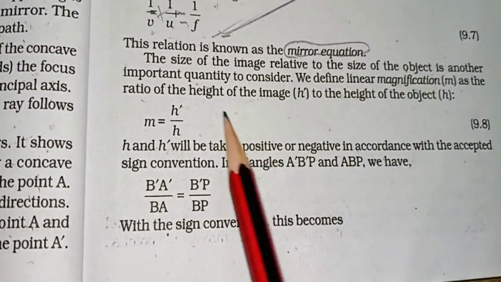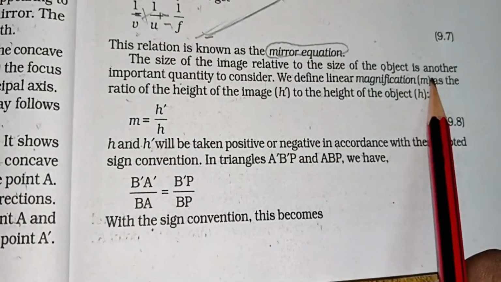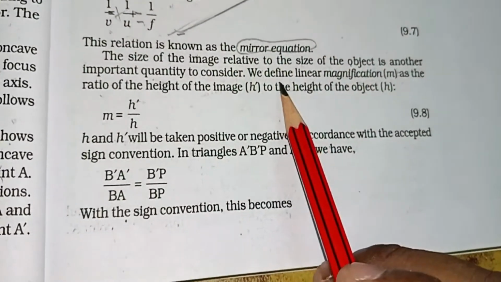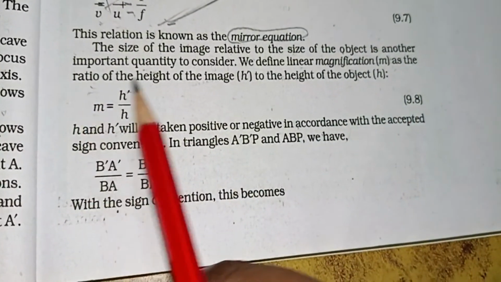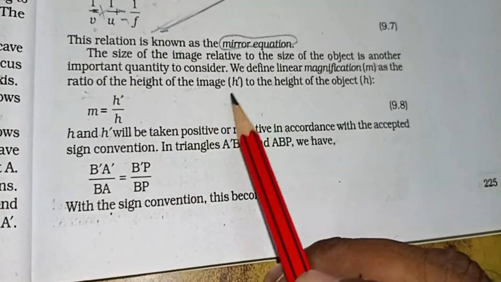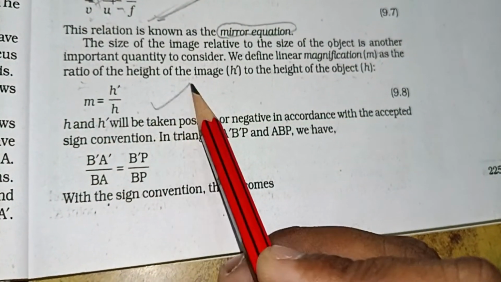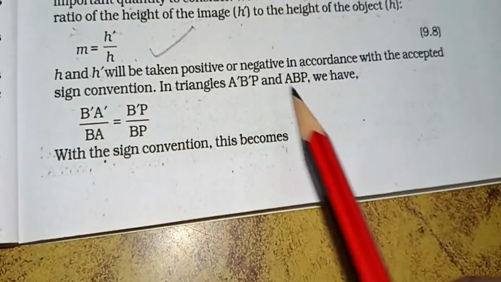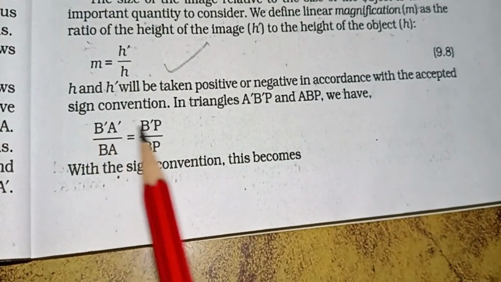Okay. The size of the image relative to the size of the object is another important quantity to consider. We define linear magnification m as the ratio of the height of the image h dash to the height of the object h. m is equal to h dash upon h. h and h dash will be taken positive or negative in accordance with the accepted sign convention.